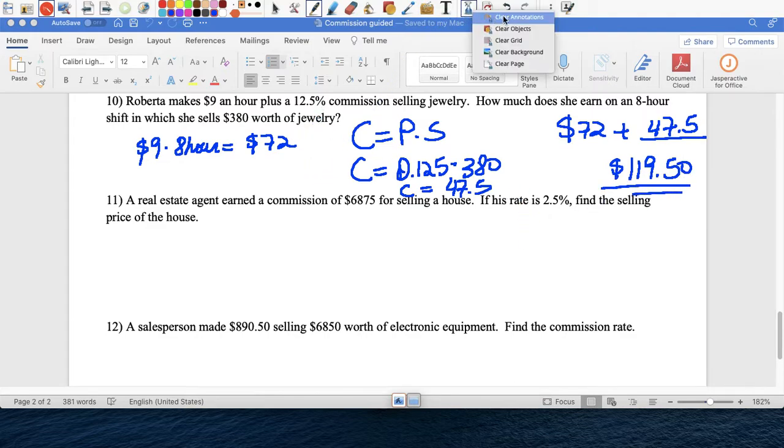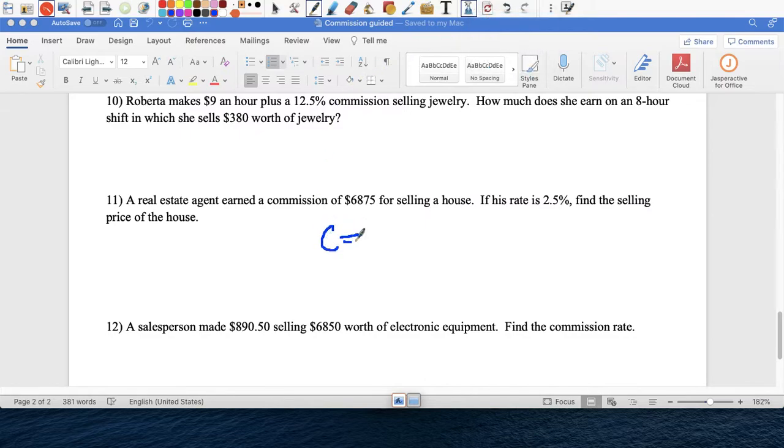Real estate agent, he earned a commission. So again, percent times sales. This is how much he took home. He sold the house, he got a little percentage out of it, and the commission that he earned was $6,875. The rate that the owner of the house paid him was 0.025. The question is asking what was the price of the house that he sold in order to make 6,875 at a 0.025 rate.